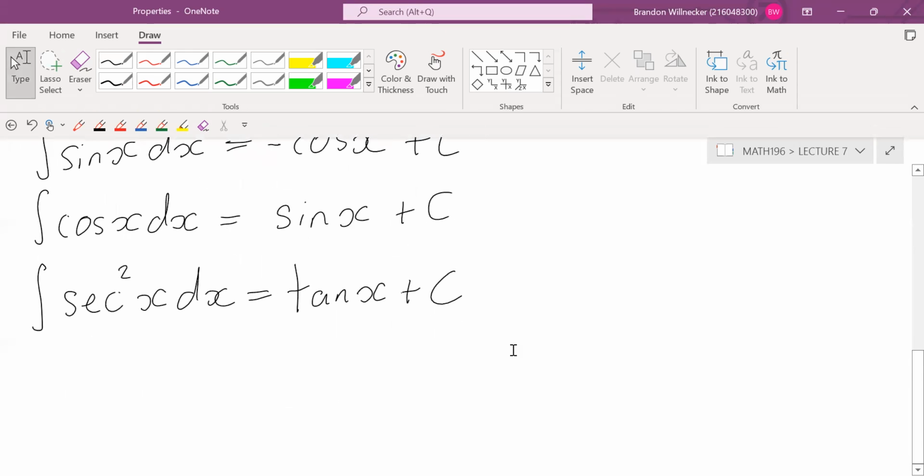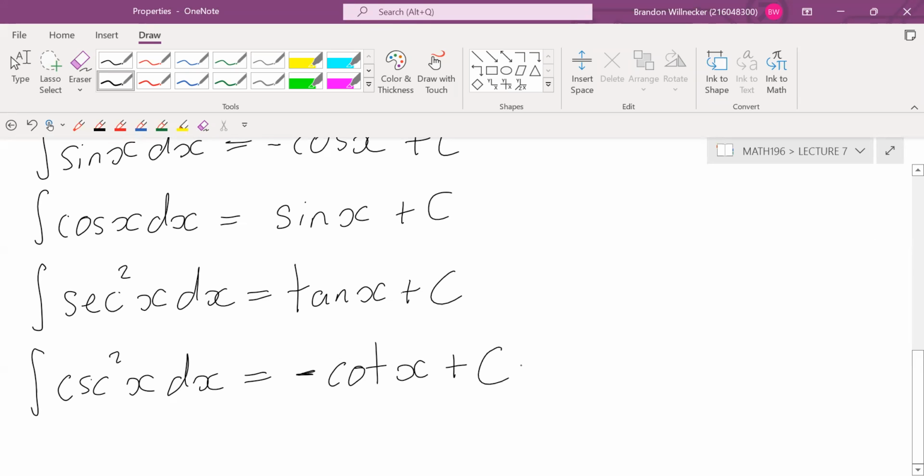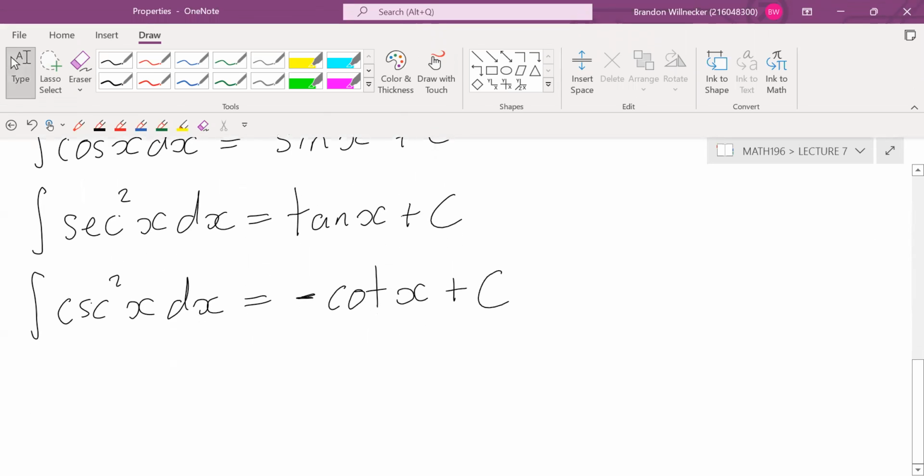And then the integral of cosec squared. Remember, 1 over cos gives us sec, 1 over sine gives us cosec. Those are the two reciprocal trig functions. This is going to be minus cotan x plus c. Two more.